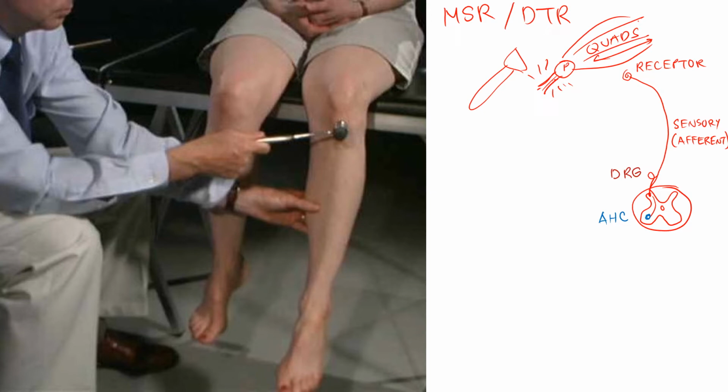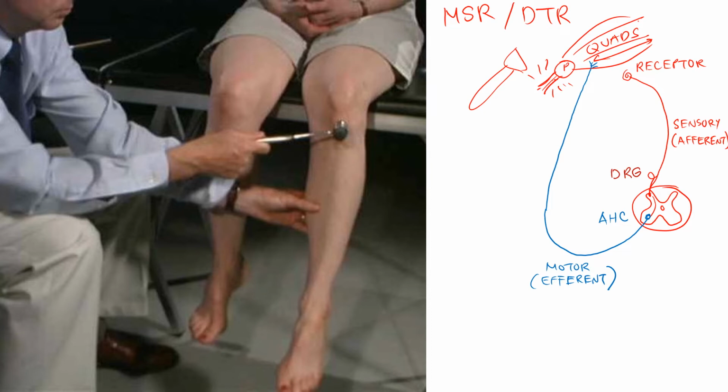So you have your anterior horn cell activated, and now it has its motor or efferent fiber, and it goes here to your quads, and it basically makes the entire quadriceps muscle contract at once. So you have a single jerk.